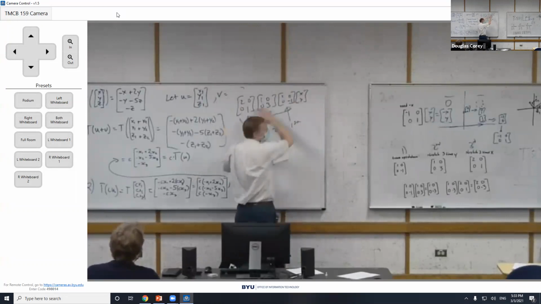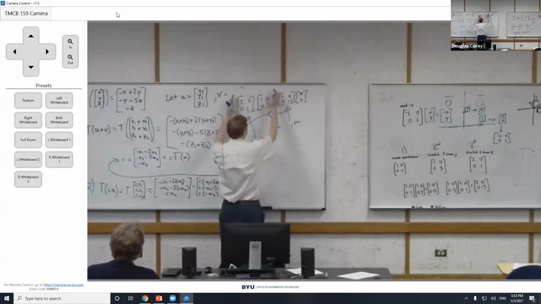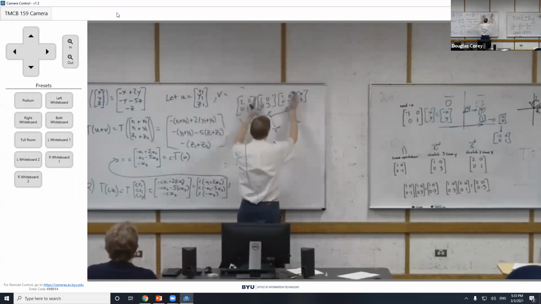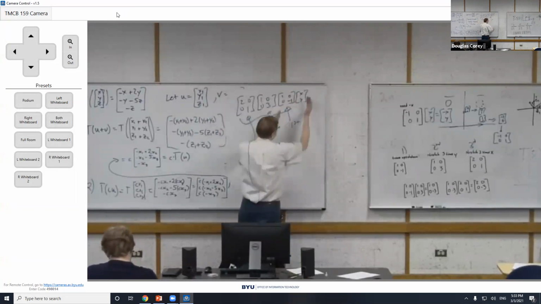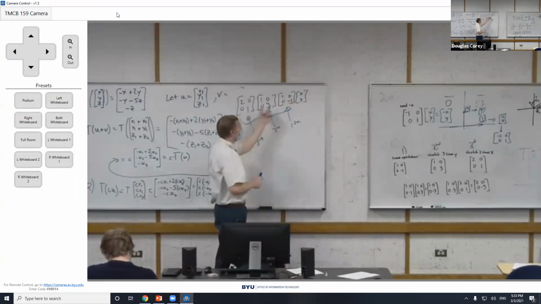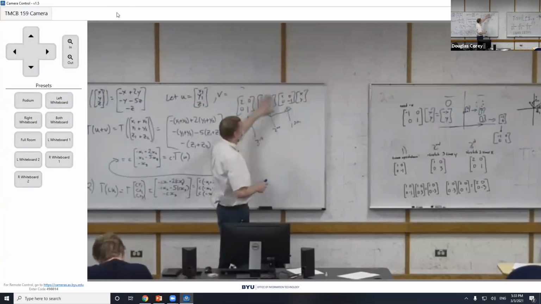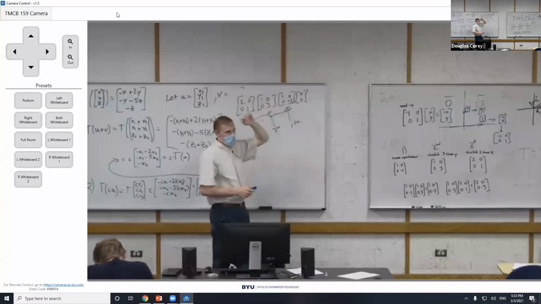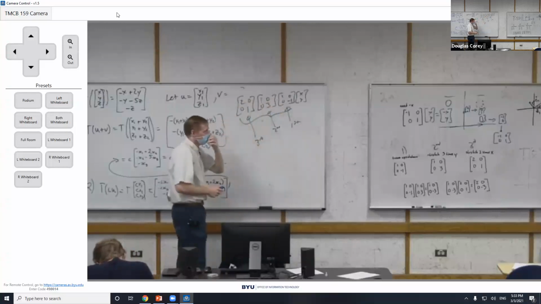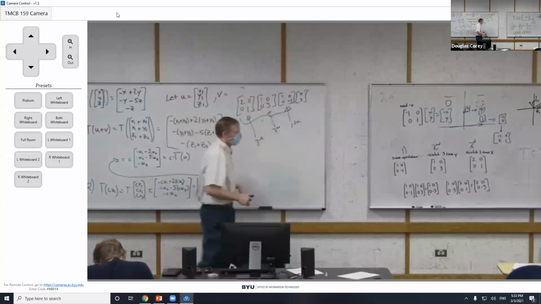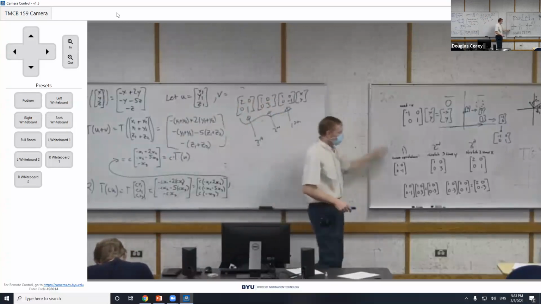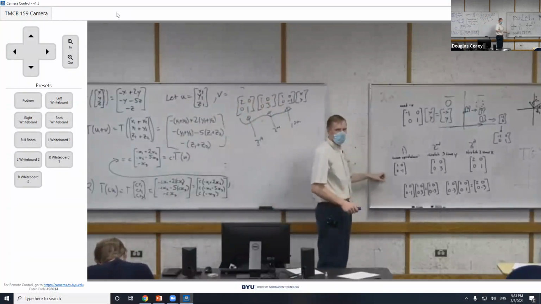What order you multiply them in doesn't matter, in the sense that I can do this calculation first, and then I can do this calculation. I can use the associative property, but I have to have them in this sequence. Yeah. Okay. Great. Other questions about this one? Yes.